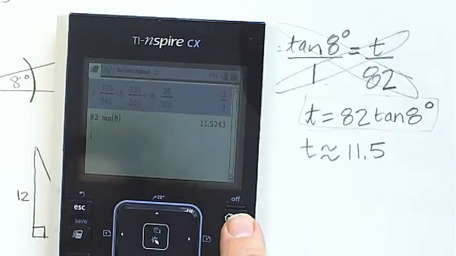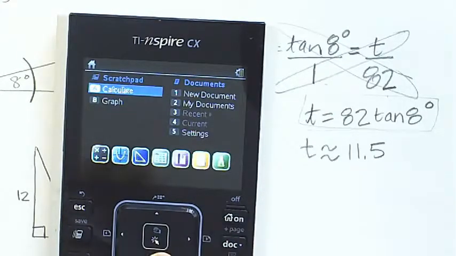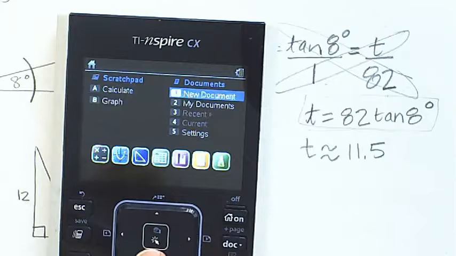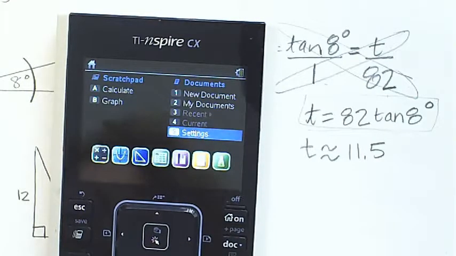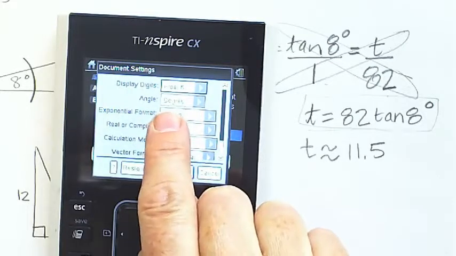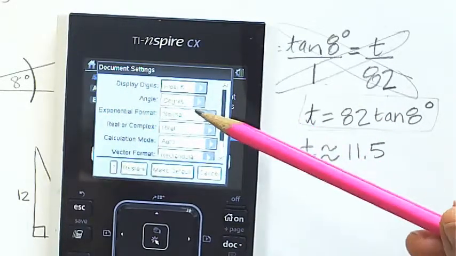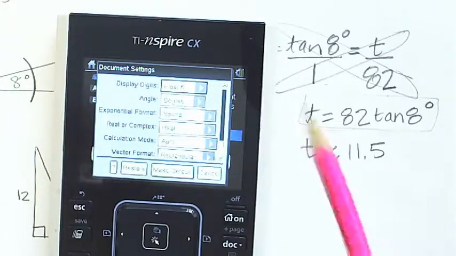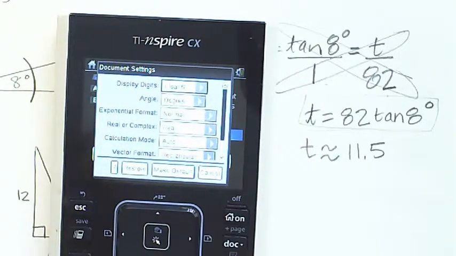It's also important that your calculator is in degrees, and I'm going to just check really quickly on this one to make sure it is. Okay, so see how that says, well, you may not be able to see it. That says angle degrees. That is the segment for now.